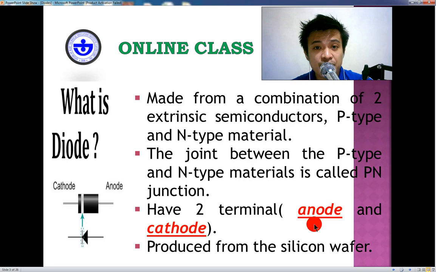So the anode is the positive terminal and the cathode is the negative terminal. If you are connecting this diode to the circuit, the anode should be on positive and the cathode should be supplied with negative, or in the negative part of your circuit, for your diode to be connected in forward bias direction.